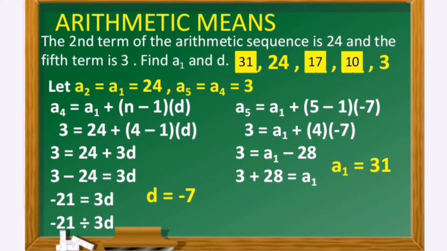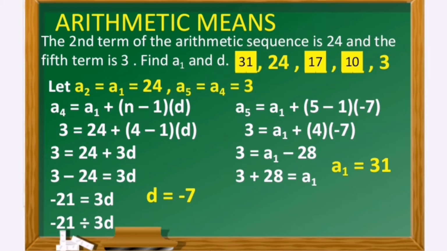This time around, we will use a sub 5 to be equal to 3, equals a sub 1, which is the thing that we are looking for, plus 4 times negative 7. So the equation now would be 3 is equal to a sub 1 plus 4 times negative 7. 4 times negative 7 will give us a negative 28.